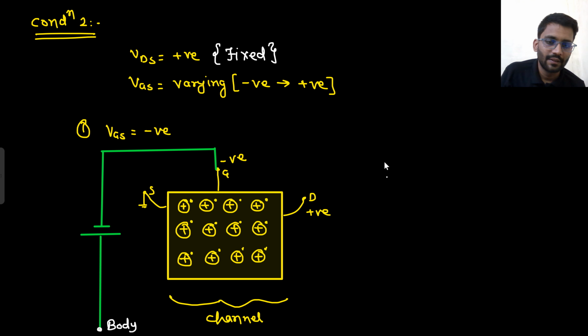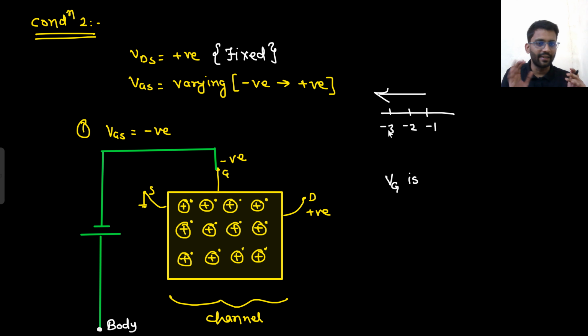So what we can see is that if Vg is increasing in negative direction, what do I mean by increasing in negative direction? This is the negative direction: -1, -2, -3, you will understand, right?